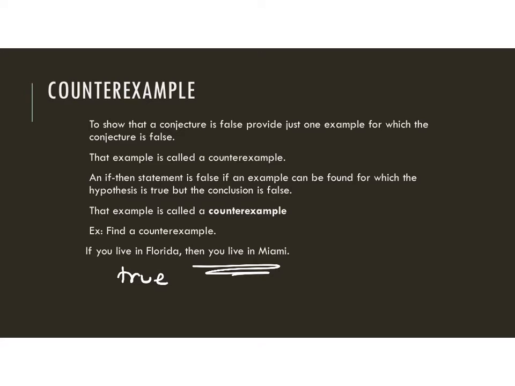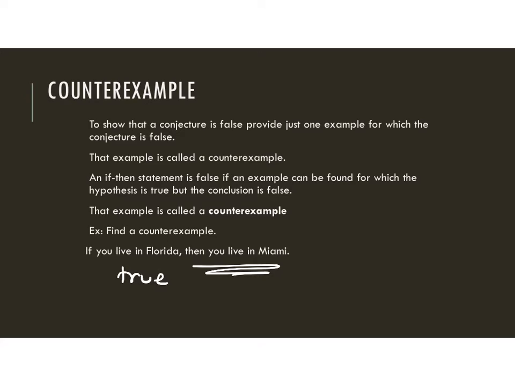You can live in Homestead. Okay, you could live in Homestead. I could live in, where else? Tampa. Any city in Florida, right? Anybody have another example? Jacksonville, Pembroke Pines, good.